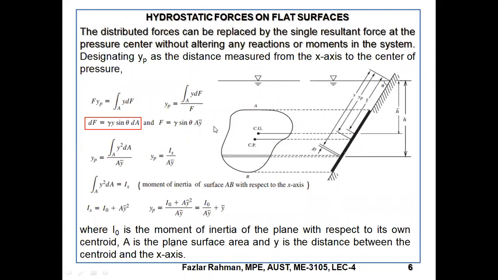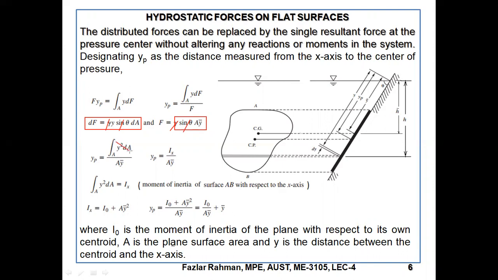So what are you getting? This term is coming at the bottom and this term at the top. Gamma remains on both sides, so gamma will cancel from top to bottom. Sine theta will cancel, right? At the top there is one y, this y into this y, so it becomes y square. Then the area integration dA.